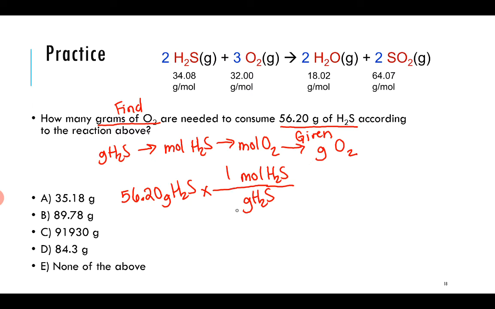This is my molar mass, and so I can go ahead and plug in the values. Remember that molar mass always has a 1. So you can think of it as grams per 1 mole.